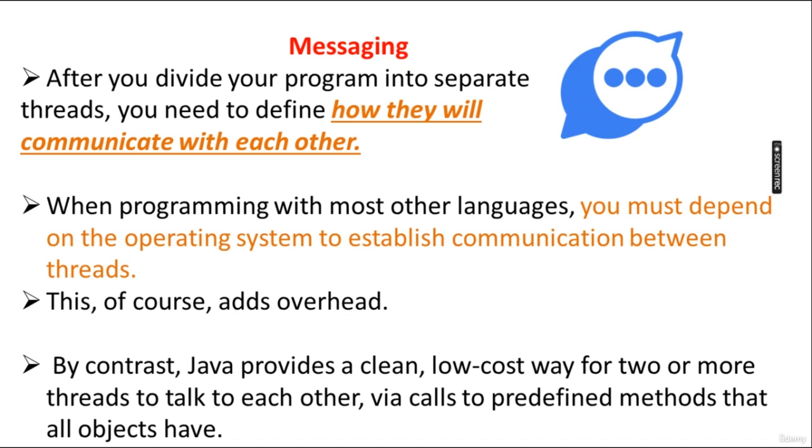Now messaging. After you divide your program into separate threads, you need to define how they will communicate with each other. So there should be some way to communicate between the threads.